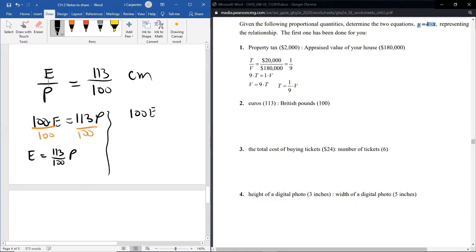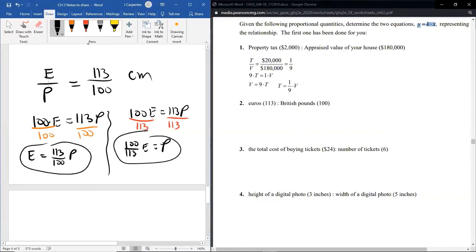You take your 100E equals 113P, and you instead divide both sides by 113 if you wanted to solve for P, which gives us 100 over 113 E is equal to P. Again, either of these could be the one you use. They asked for both, so we did both.